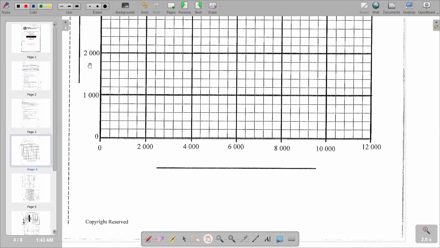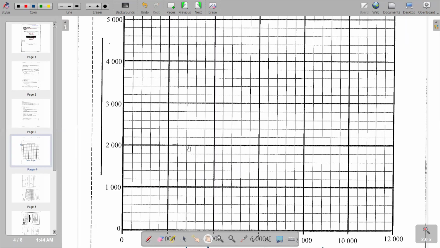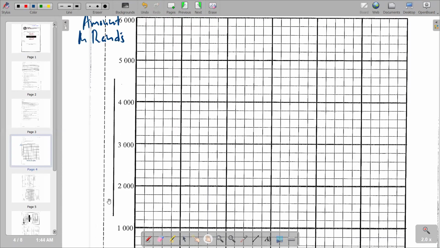Then the horizontal axis, we're saying it's the number of copies. So in terms of our description of amount in rands, you should write it here.